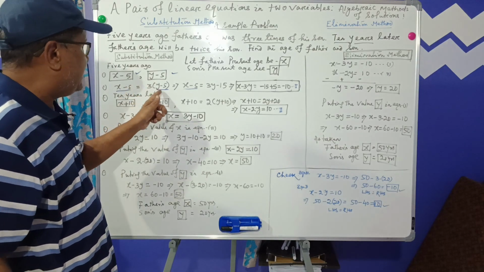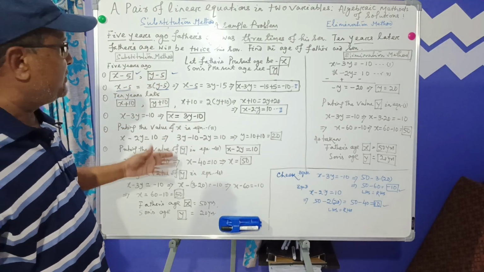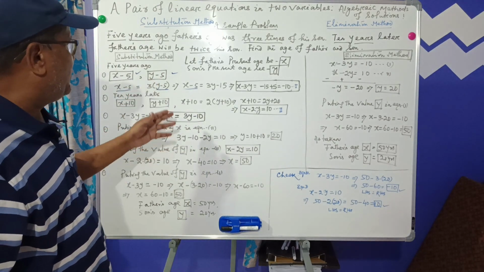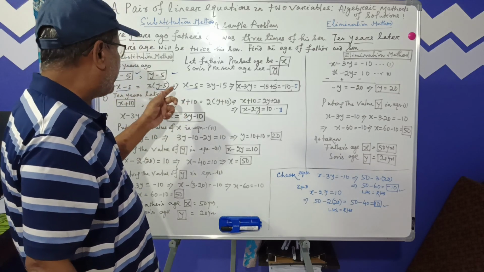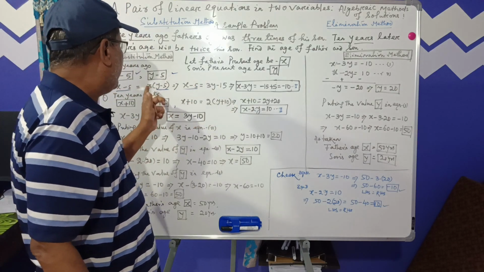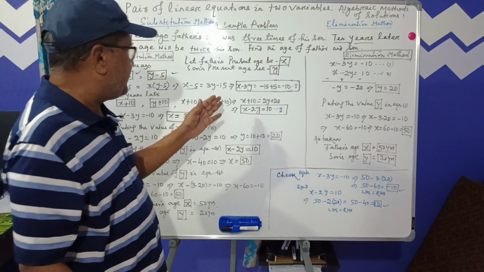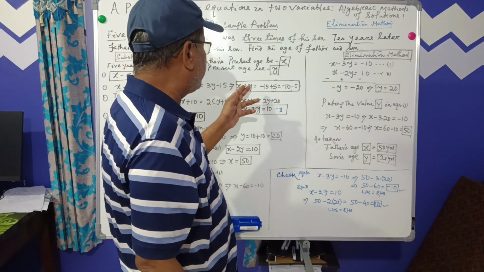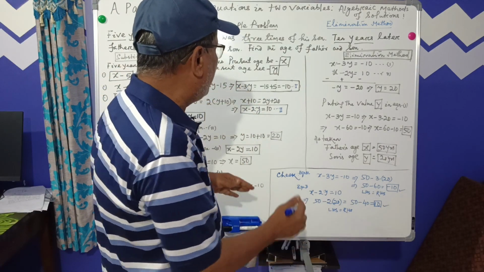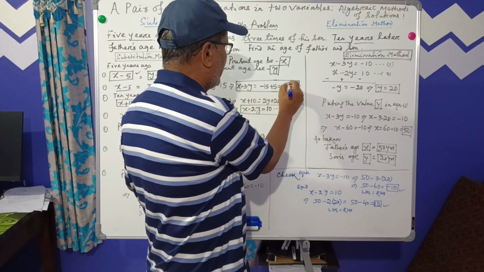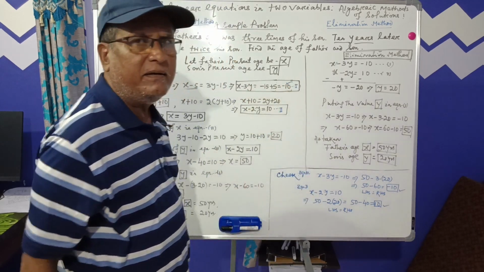Now LHS is equal to RHS, so the equation is now found. That implies x minus 5 equals 3y minus 15, multiplying by 3. And from that, by transposition, we get x minus 3y equal to minus 10. That is equation number 1.